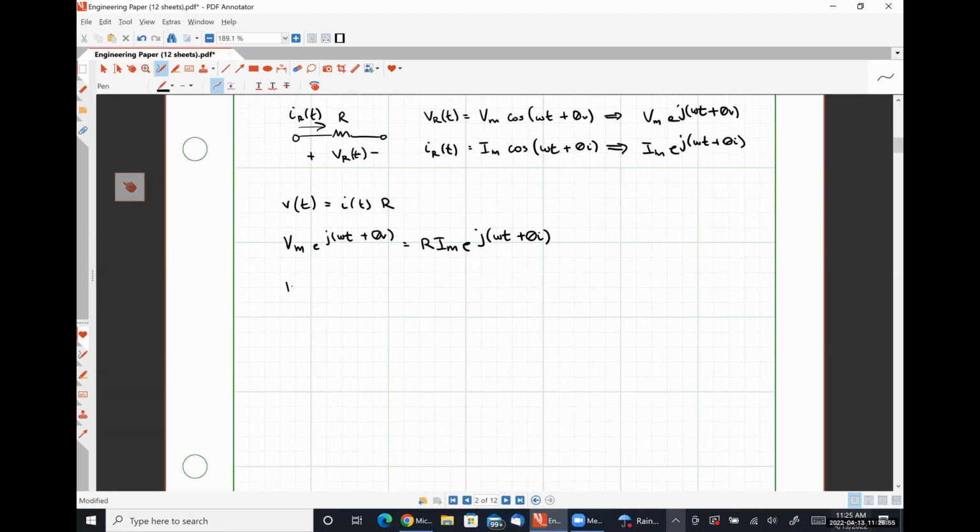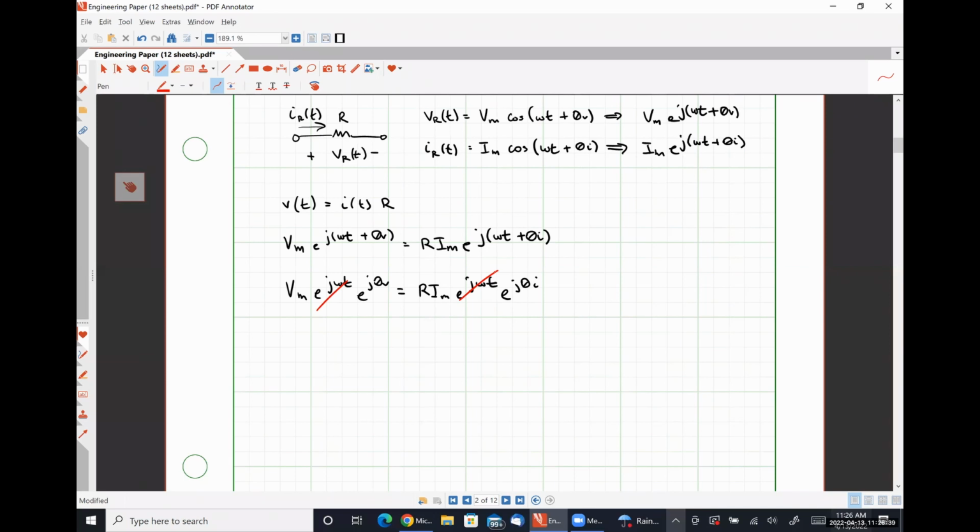So I could call this Vm e to the j omega t multiplied by e to the j theta v is equal to R times Im e to the j omega t times e to the j theta I. And now I can easily see that there is a common factor of e to the j omega t in both terms. So I'm going to cancel those guys out.